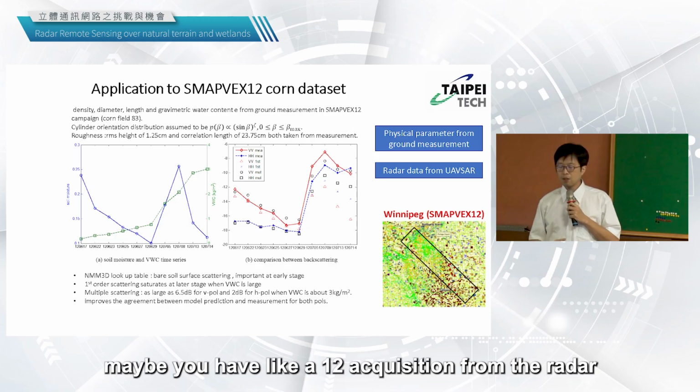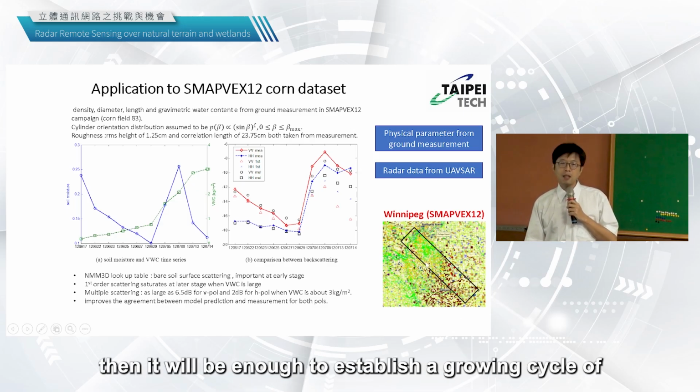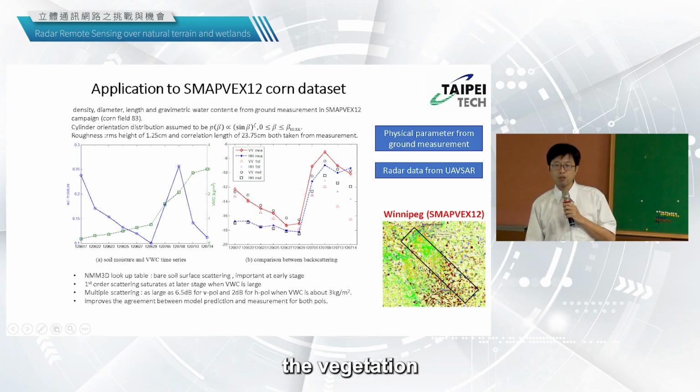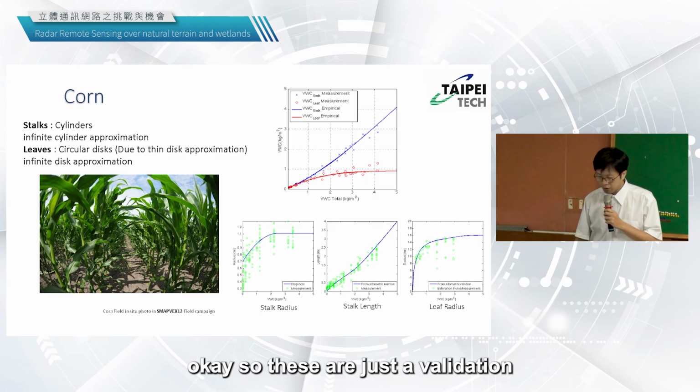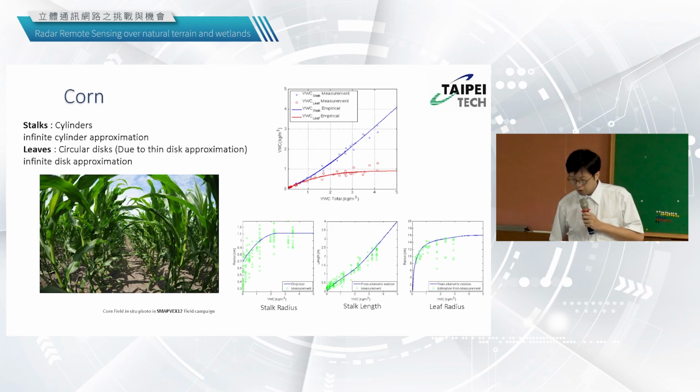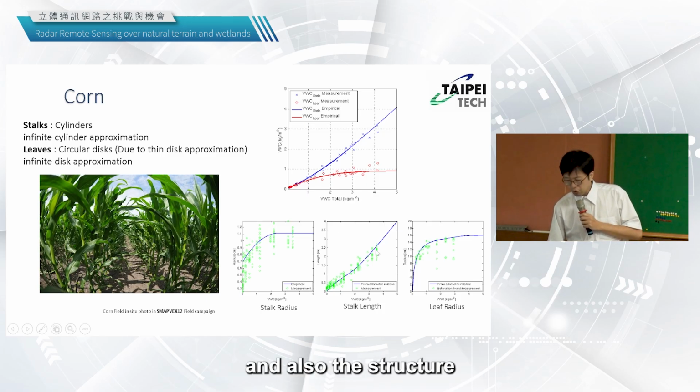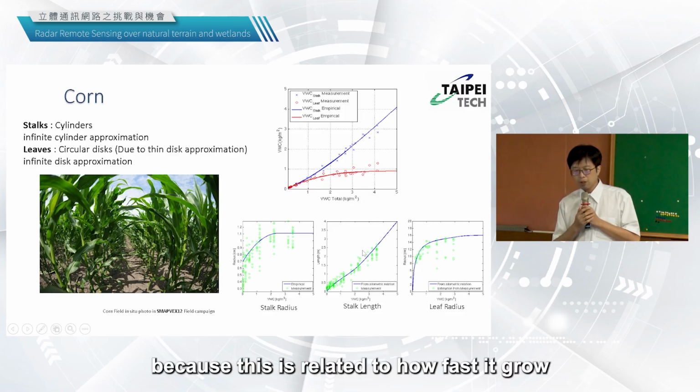Maybe you have like 12 acquisitions from the radar. Then it will be enough to establish a growing cycle of the vegetation to study. Okay, so these are just for validation. And also the structure is important because this is related to how fast it grows.